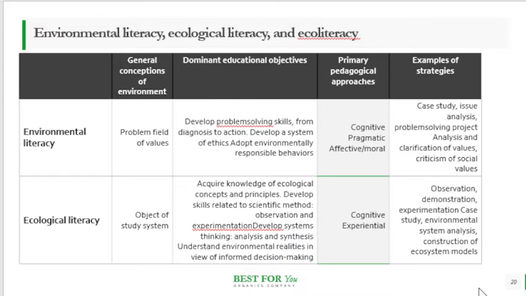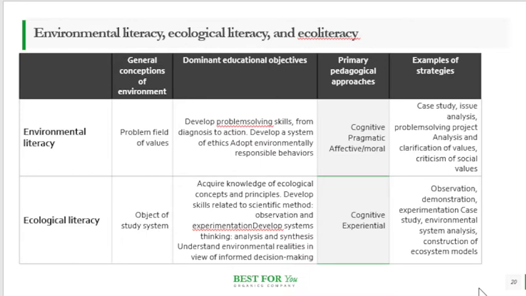So environmental literacy, the conception of this is a problem field of values. In the educational objectives, which is dominant, develop problem solving skills from diagnosis to action. Develop a system of ethics, adopt environmentally responsible behaviors.